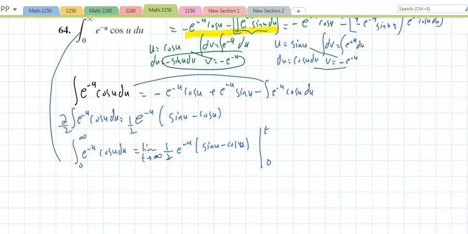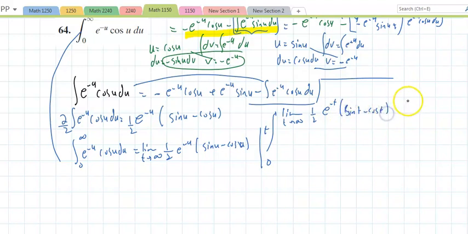So this problem on its own now, that's the limit as t approaches infinity of 1/2 e to the negative t times the sine of t minus the cosine of t, minus, if you put a 0 in, you will get 1/2. e to the 0 is 1. Sine of 0 is 0, minus 1. So that's a constant. That last part is simply 1/2.